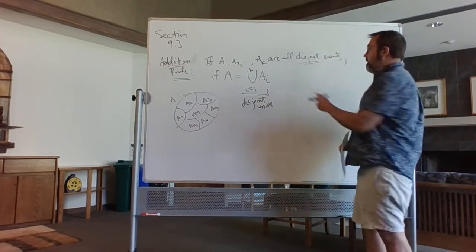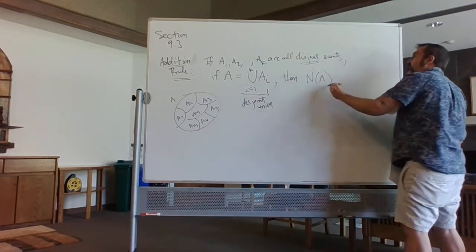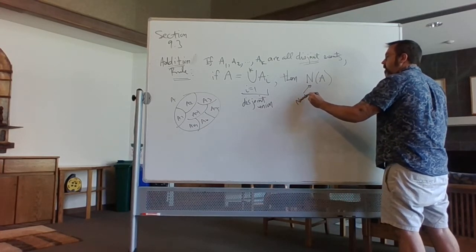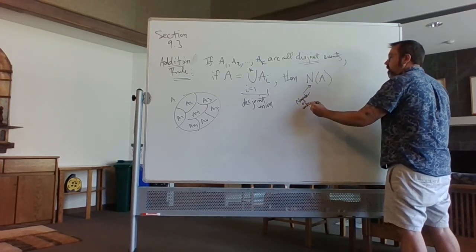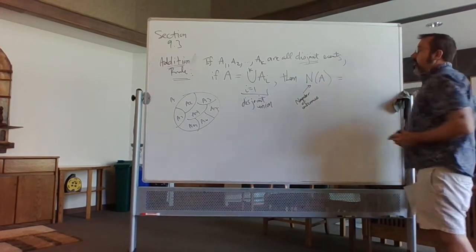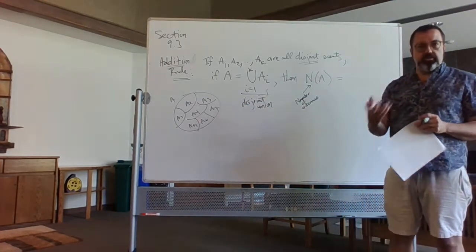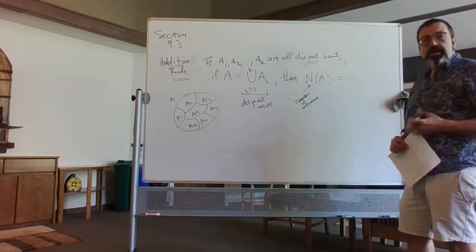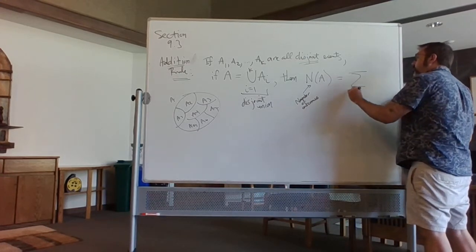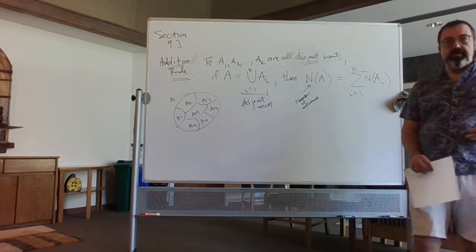So if A turns out to be the disjoint union, then the number of outcomes in A, remember this is the notation we use for the number of outcomes, stemming from sections 9.1 and 9.2. Well, how do you count the total number of outcomes in A? If you think about A as this disjoint collection of little subsets Ai, it's pretty clear that the number of elements in that set is just going to be equal to the sum of all of the sizes of the Ais.